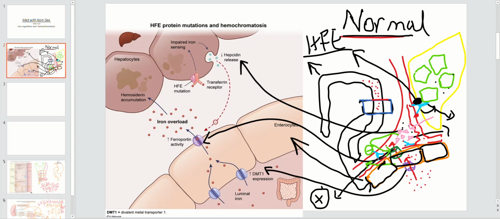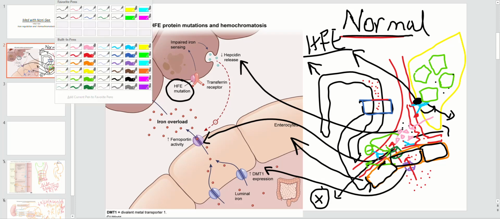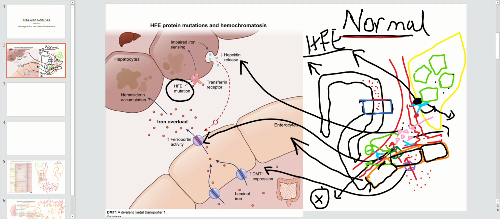Over here, in this picture, if you pay attention, it is the same thing. This is your HFE protein, which is mutated. Now, this HFE protein is responsible for the internalization of this transferrin-iron complex, right? So what is happening when this protein is mutated? It cannot sense. So what will happen? The end result is it decreases the hepcidin release.